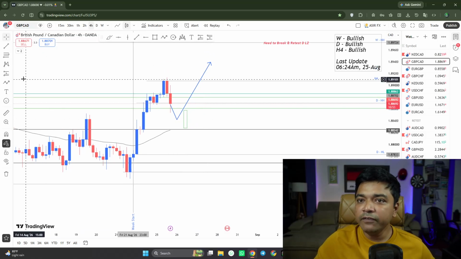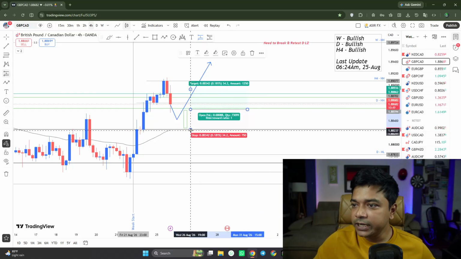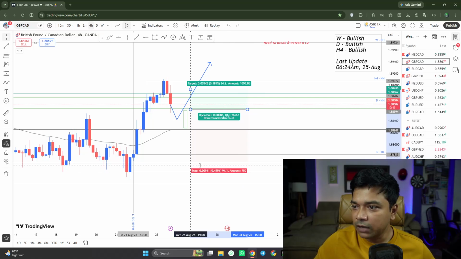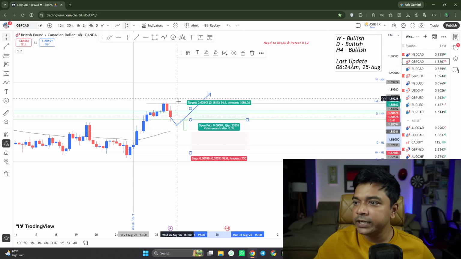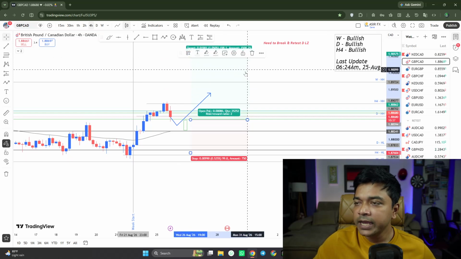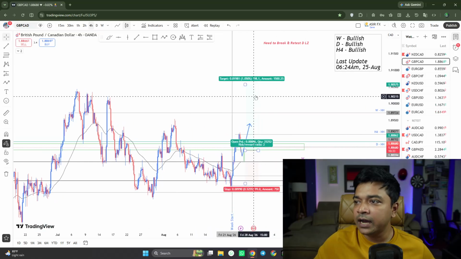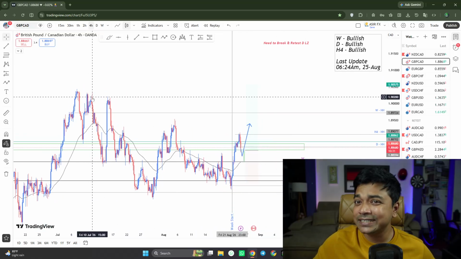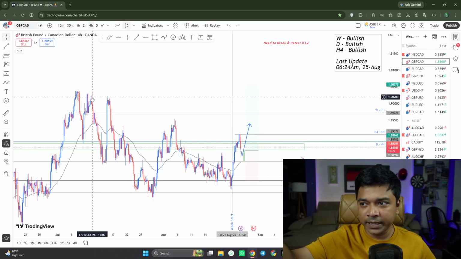If we open a buy trade here, we need to set our stop loss below the liquidity zone, and at minimum set our risk to reward ratio at 1:2. Basically our take profit will be the next higher high of the market, because now we are opening a buy trade.